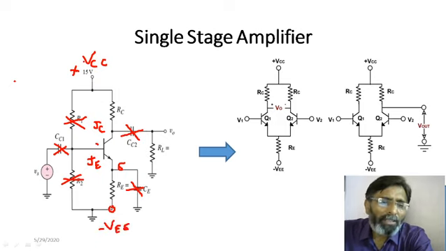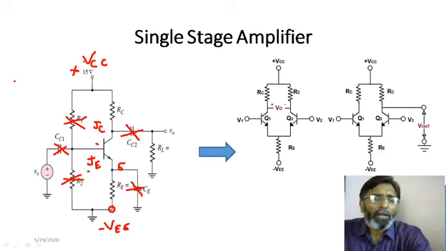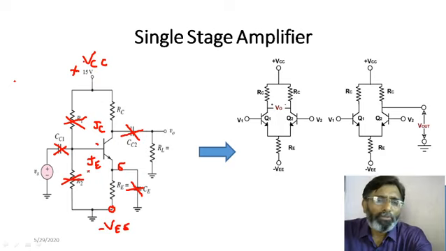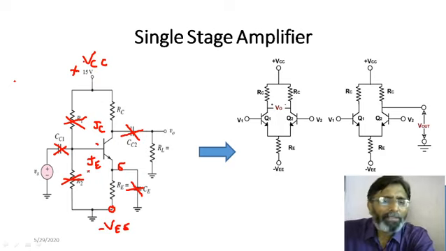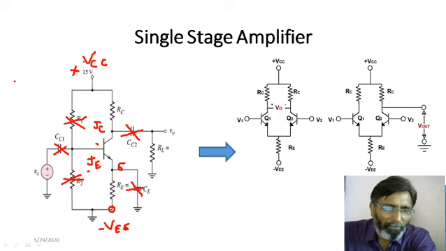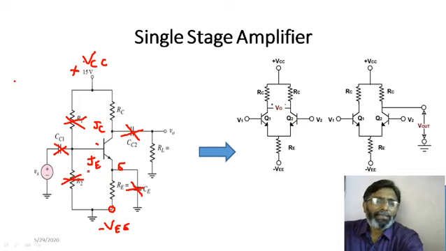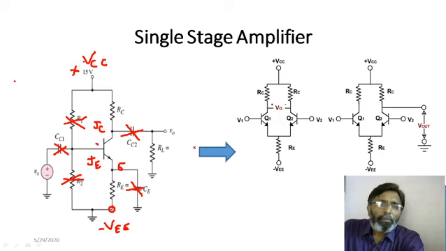So, if I use another supply like this, then I need not use capacitors, and both my junctions will be biased. JC will be reverse biased, JE will be forward biased, and my transistor will work as an amplifier that can amplify both AC as well as DC. Ultimately I will have an amplifier circuit which will look like this.